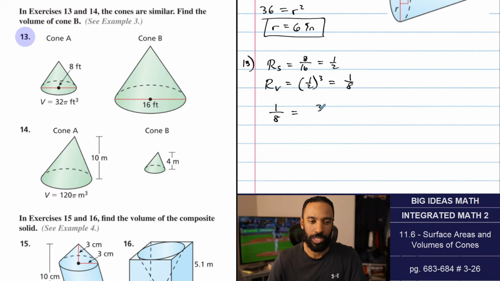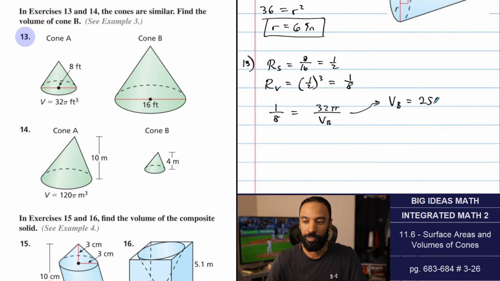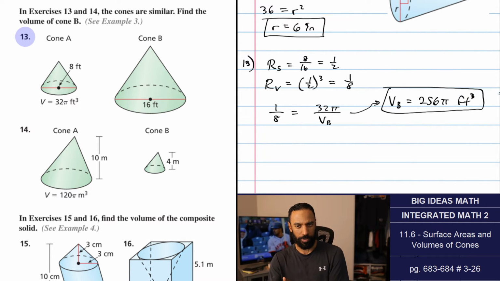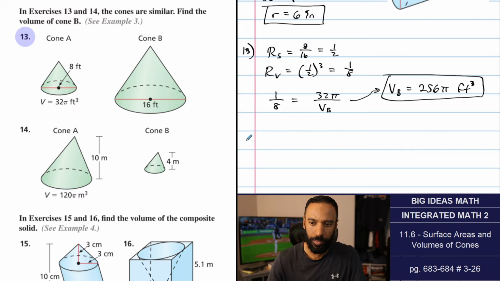Whatever 1 to 8 is, the 32 pi cubic feet is to this unknown volume of cone B. Cross multiply, and you get 8 times 32 pi, and that will be 256 pi. I feel like they're not rounding these answers here. The first ones were exact, and this one has that exactness to it as well. So I think that becomes 256 pi for that one.